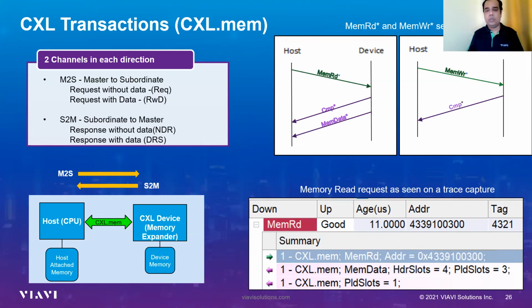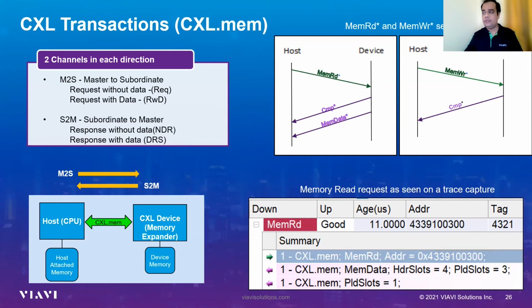There again, there are 2 different directions defined here. One is M2S and another one is S2M. M2S stands for master to subordinate and S2M stands for subordinate to master. The host is the master in this case, and it can send out the request. The host is the one that initiates the request with or without data, and the subordinate, which is the CXL device with attached memory, responds again with or without data depending on the request.